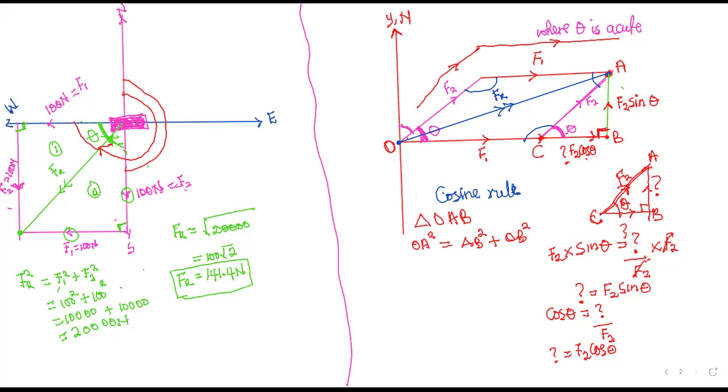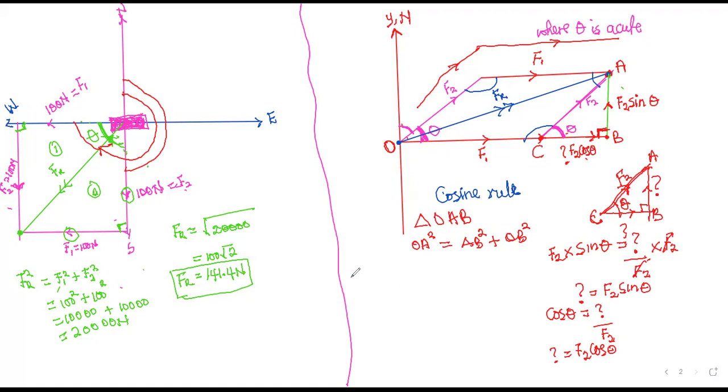The reason is that we have this part OC. We have the part CA or AC, but we don't know AB and we don't know BC or CB. So we are looking for those parts so that we can add that to F2, F1 in order to obtain OB.